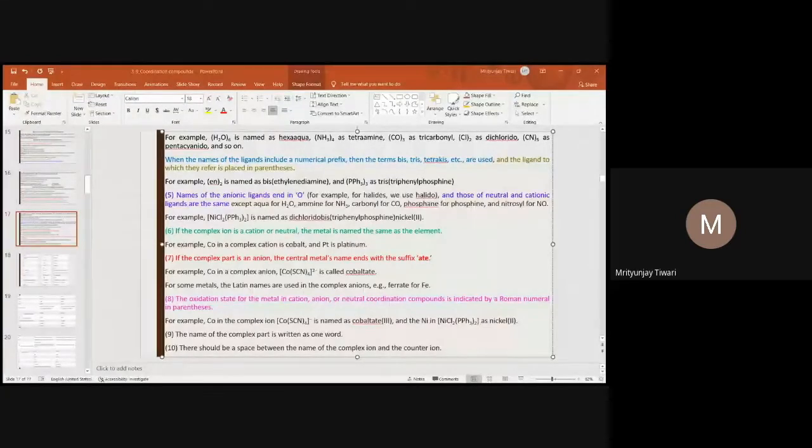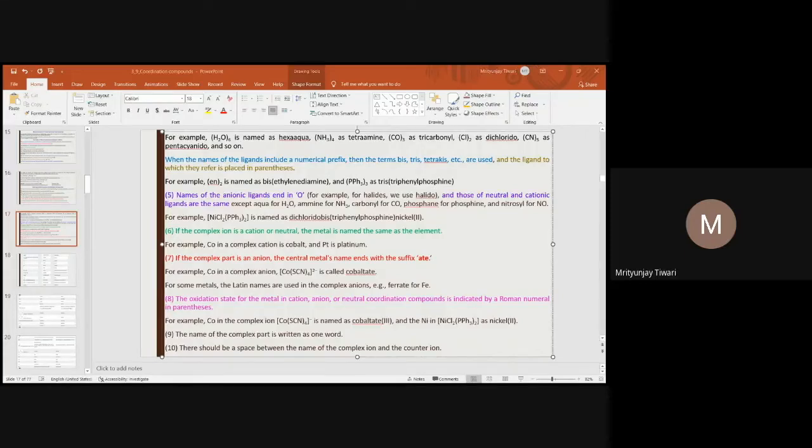So what we can simply do is add the oxidation state of the metal, suppose it is x, plus 4 into minus 1. So x minus 4 is equal to minus 1. So x is equal to minus 1 plus 4, and so x is plus 3. So the oxidation state of cobalt in this complex will be 3. And this is an anionic complex, so we will write it as cobaltate(III).